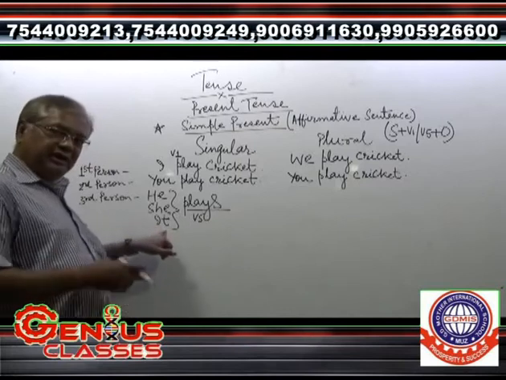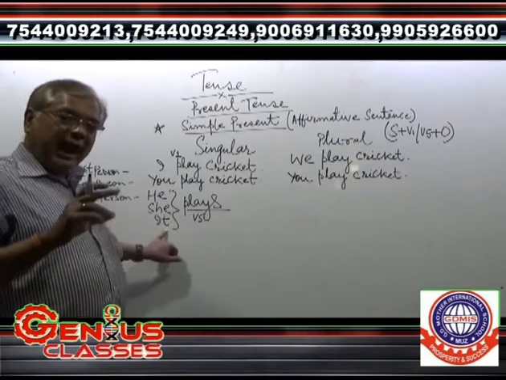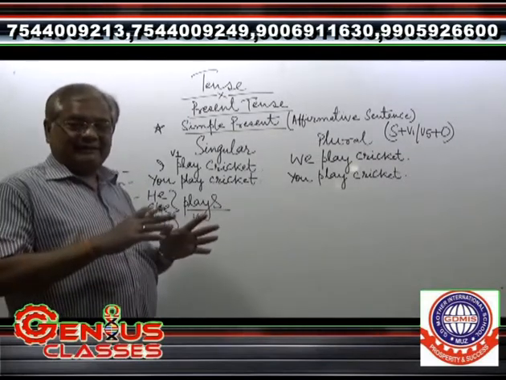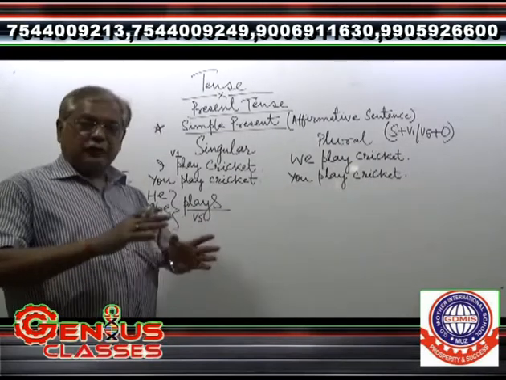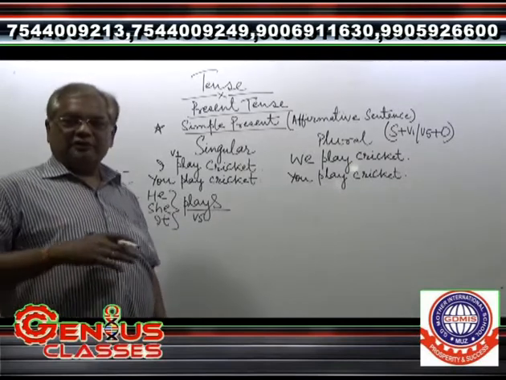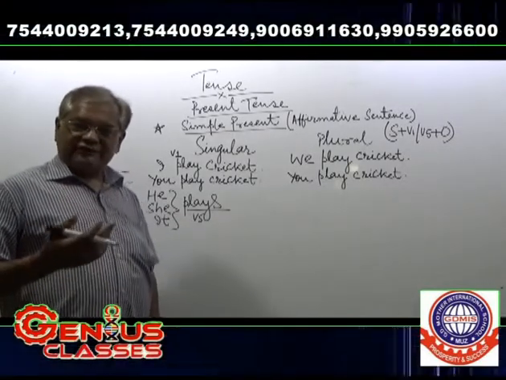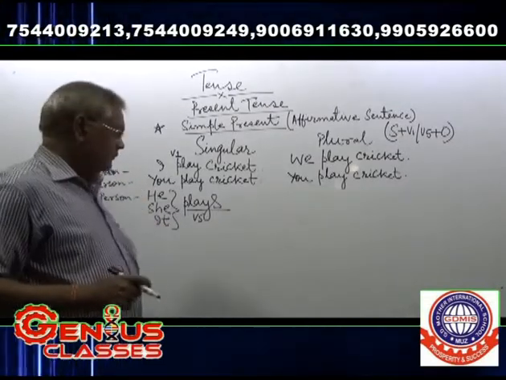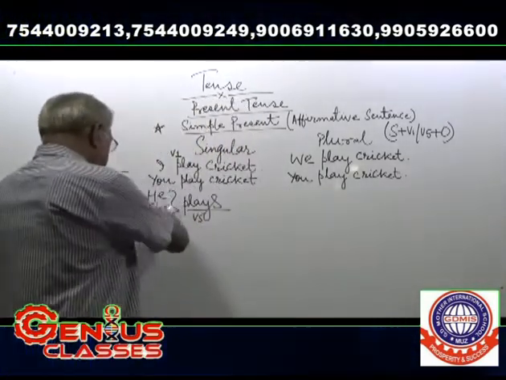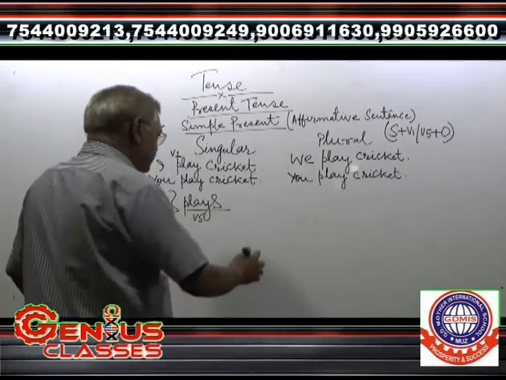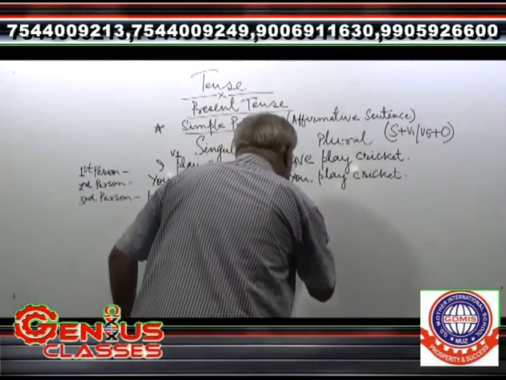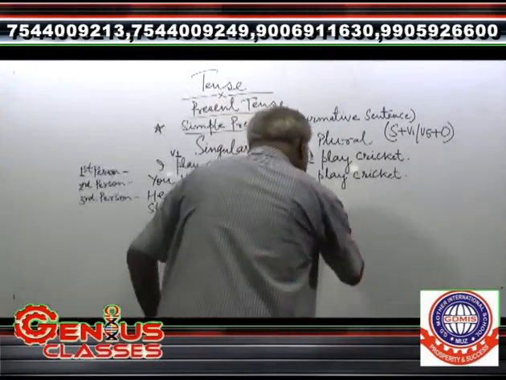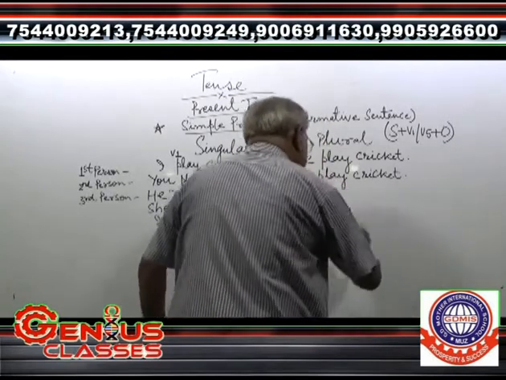The word it indicates all animals, whether wild or domestic, insects, and non-living things, whether vegetables, fruits, flowers. And what will be the plural of he, she, it? It will be they. Along with they, V1 is used. They play cricket.